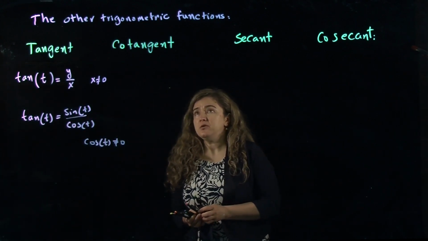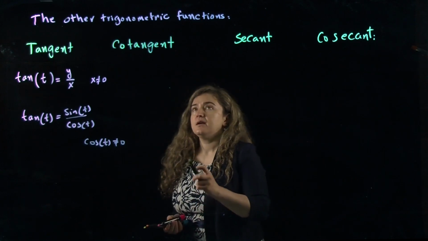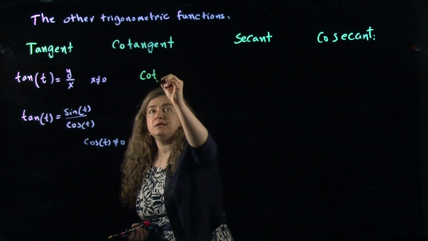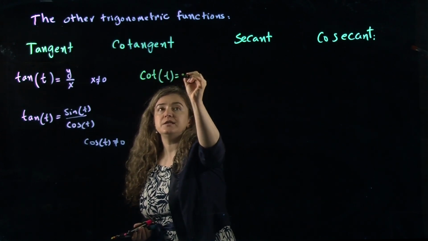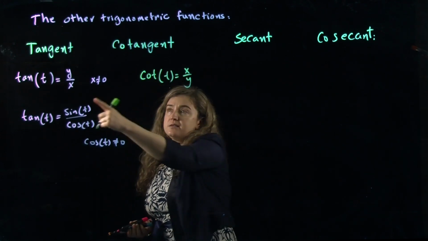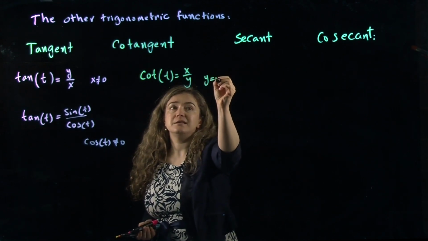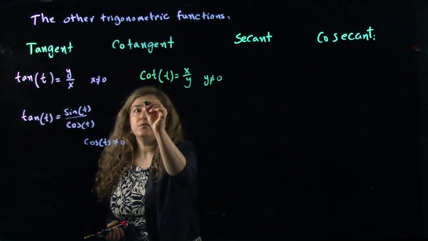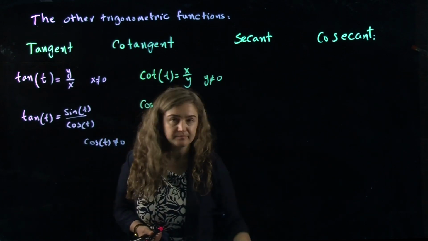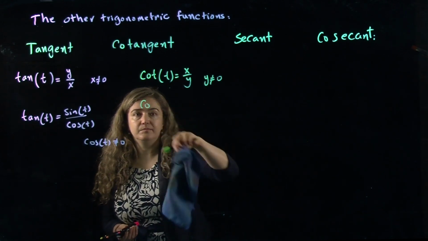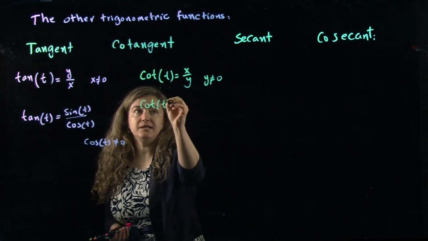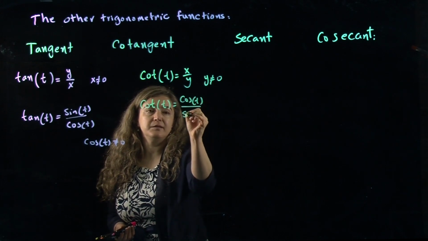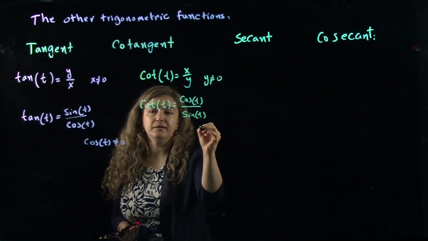What about cotangent of t? Cotangent, we show it with COT. Cotangent of t is x over y. That's the reciprocal of that one, and it is defined when y is not 0. Therefore, I can show it as cotangent of t is equal to cosine of t divided by sine of t.